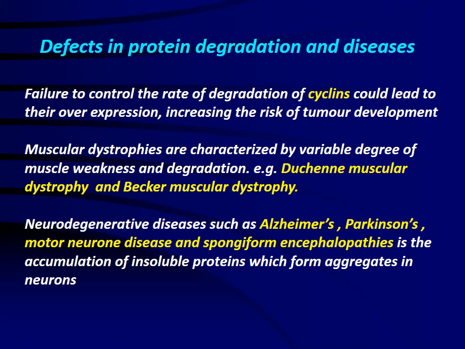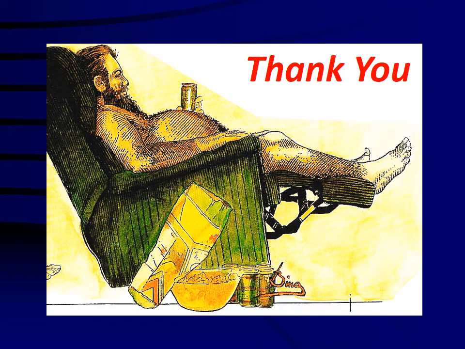Neurodegenerative diseases such as Alzheimer's, Parkinson's, motor neuron disease, and spongiform encephalopathies involve the accumulation of insoluble protein which forms aggregates in neurons. Thank you.